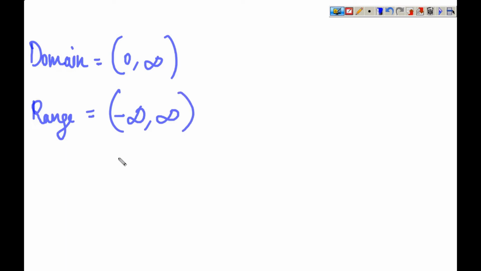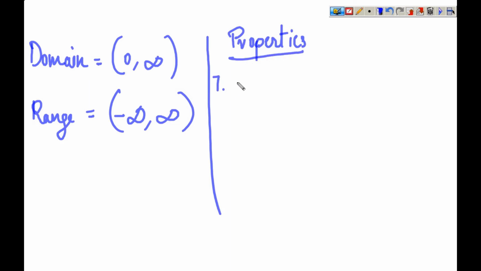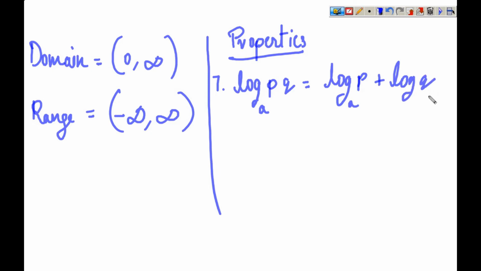Now let's move on to some of the properties of logarithmic functions. The first property is: if we have log of p times q to the base a, that can be written as log of p plus log of q to the base a.